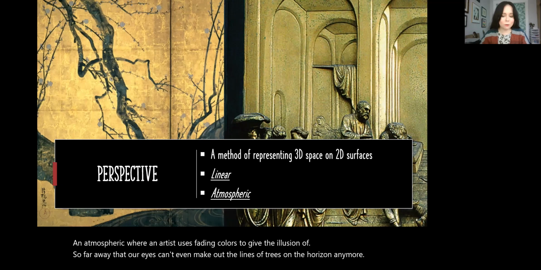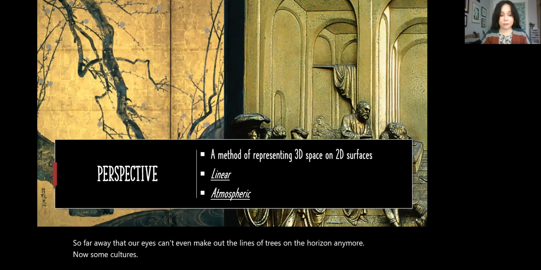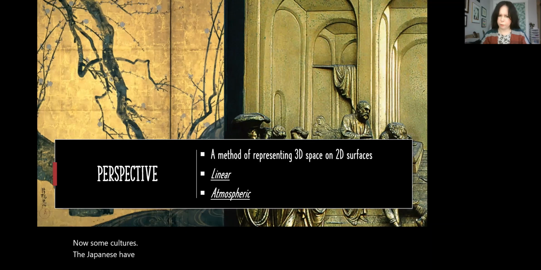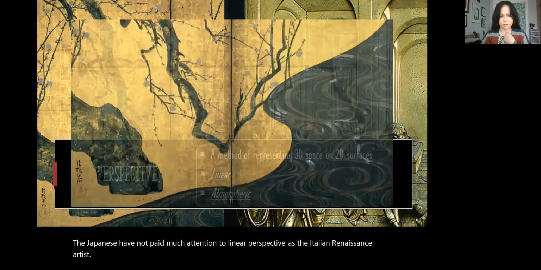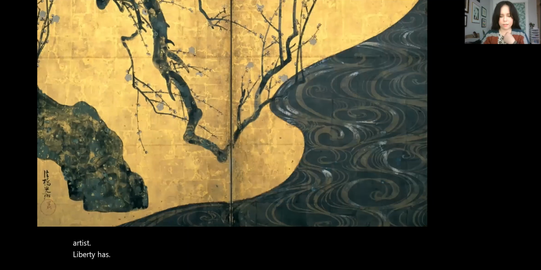Now, some cultures, like the Japanese, have not paid much attention to linear perspective as the Italian Renaissance artist Ghiberti has. So depth here is mainly described by the swirling lines of the river and the texture of the trees.